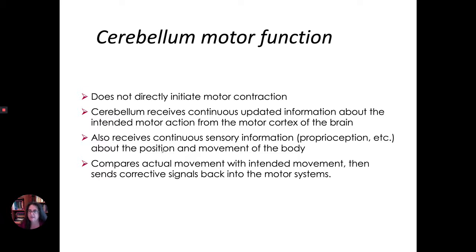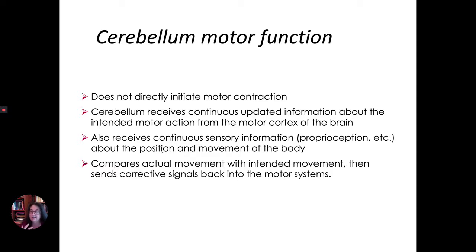However, what it does is it receives all kinds of input from a variety of sources and then sends output back to the cortex in some places to modify the plan, or modify the work in progress, the activity in progress. Once again, it does not initiate its own motor control. So the cerebellum does receive continuous, up-to-date information about the intended motion that your motor cortex wants to do.